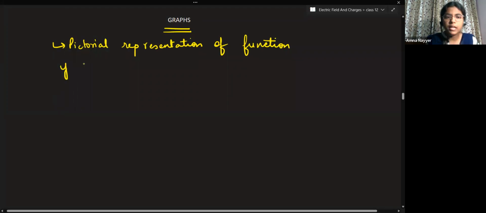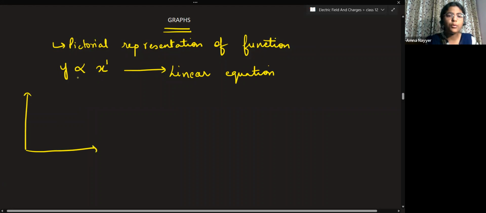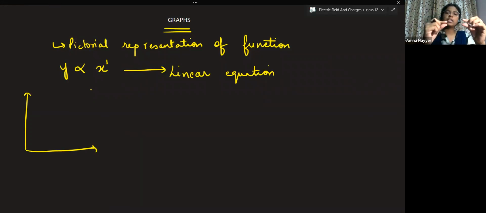You should remember that if y is proportional to x, and x is to the power 1, what kind of equation is this from your mathematics? I think in 8th class you had this chapter. This shows the linear equation, whenever something is proportional to the other quantity with the power as 1. So what is the graph that we get? If both the quantities are directly proportional to each other, if you increase x by some amount, then y will also increase by some amount.